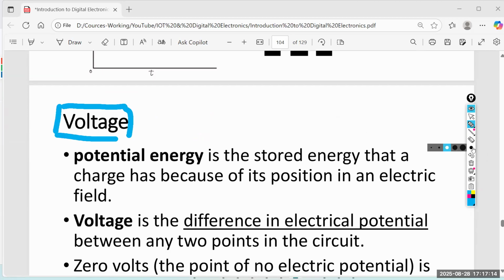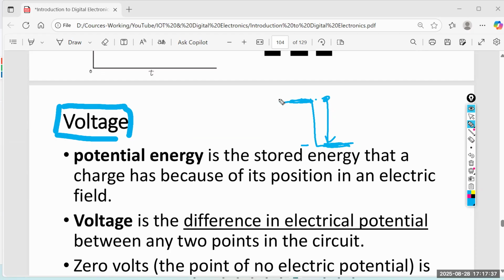You know that when there's a difference in potential energy, say I am here and someone is here, when I come here, I go down because there's a difference in potential energy. I will fall from top to bottom.